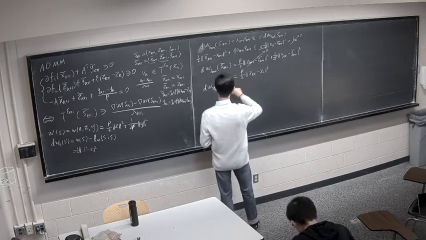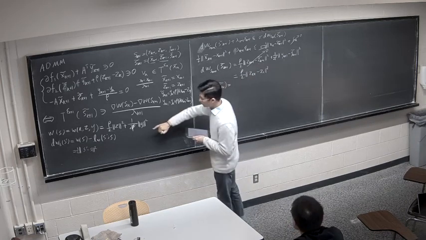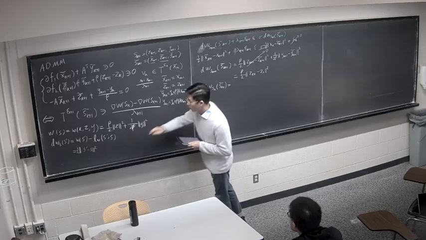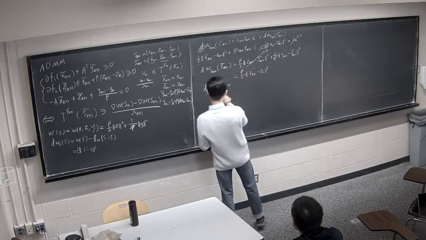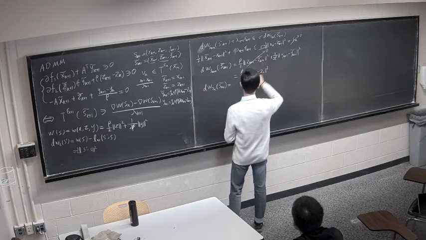So again, by definition and by the structure of this W and the Bregman divergence definition, we still have the Bregman divergence of W in this form.